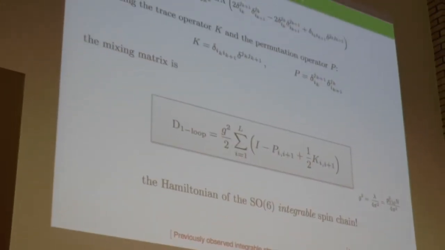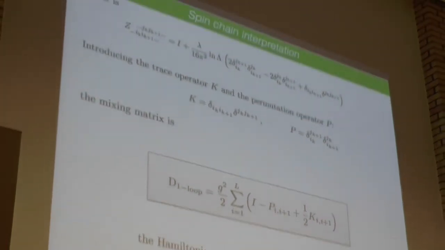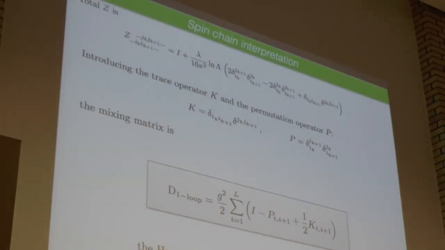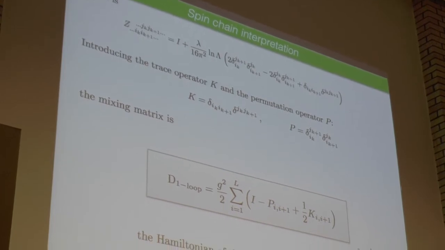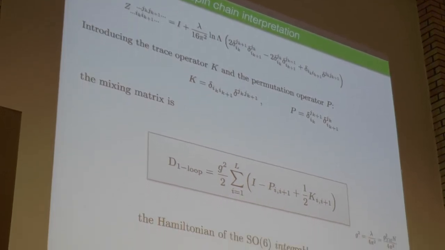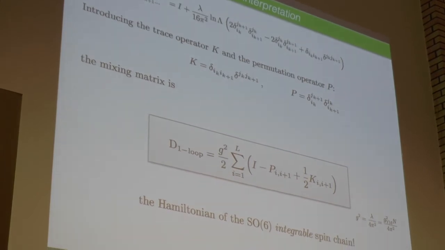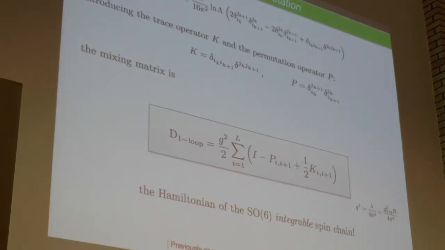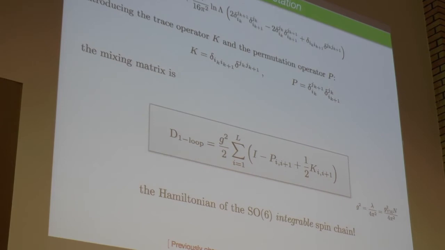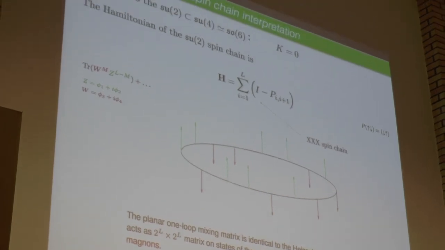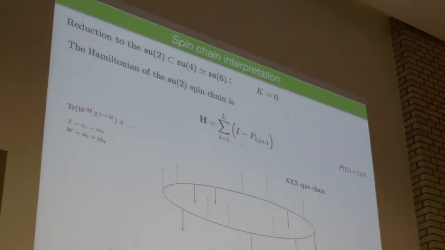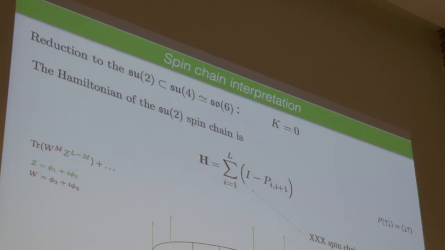Now you can, if you wish, simplify the picture where you get even more intuition and more insight from the spin chain picture. You can reduce the theory in the sense that you can consider not generic operators with SO(6) indices, like I presented here, but even simpler operators made of two complex scalars of N=4.